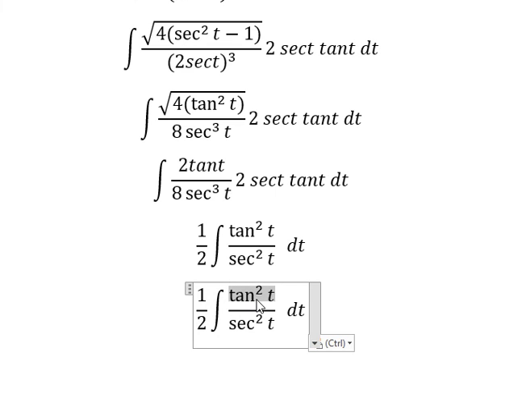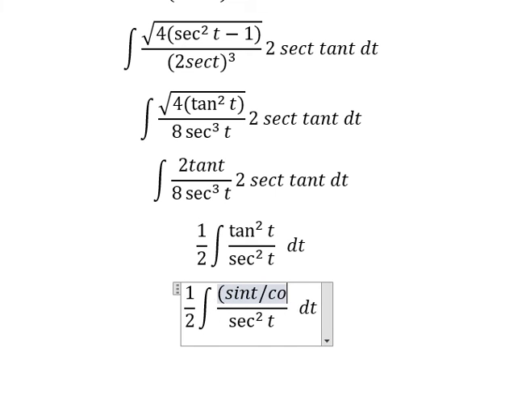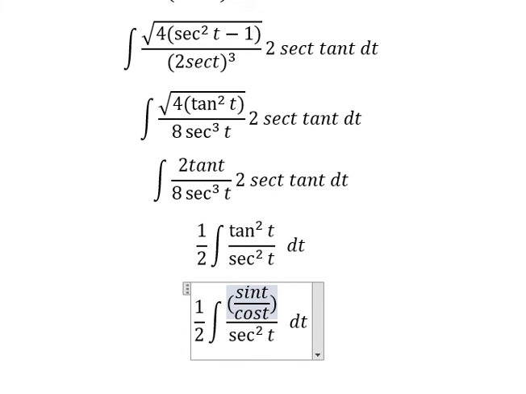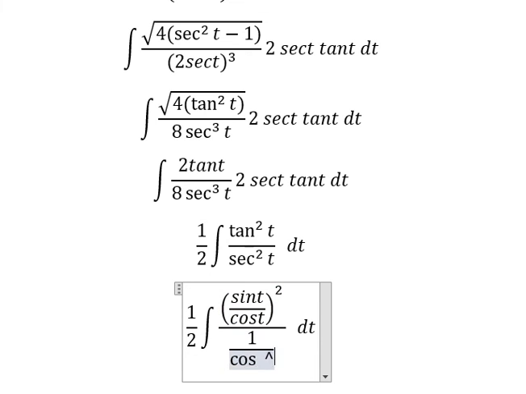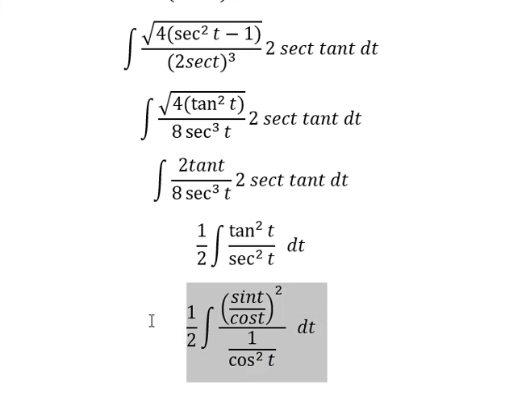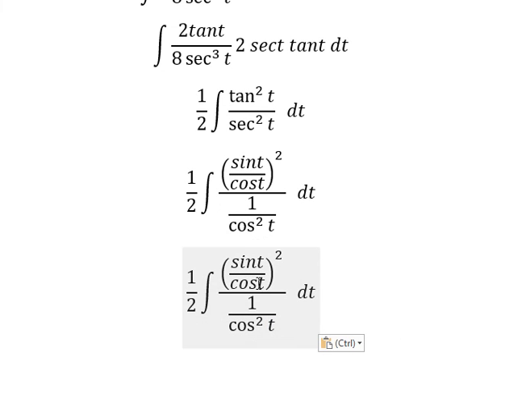So tan t squared we change by sin t over cosine t with the power 2. This one we have 1 over cosine t squared. Now we need to simplify cosine t squared, cosine t squared.